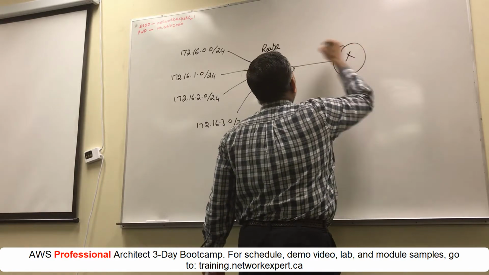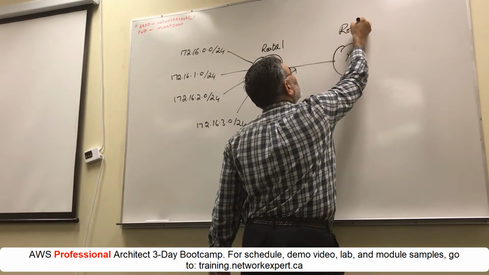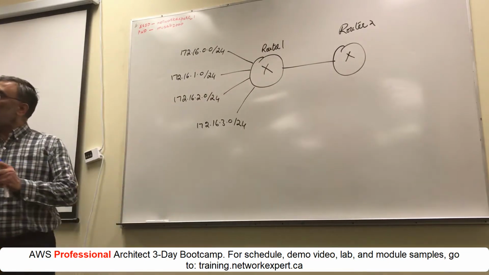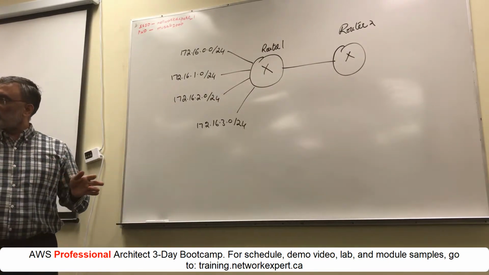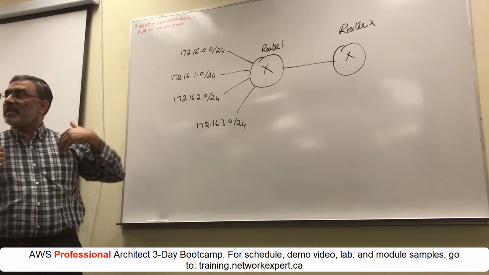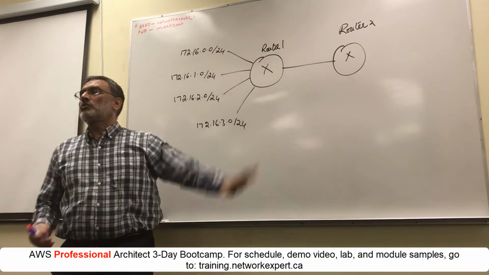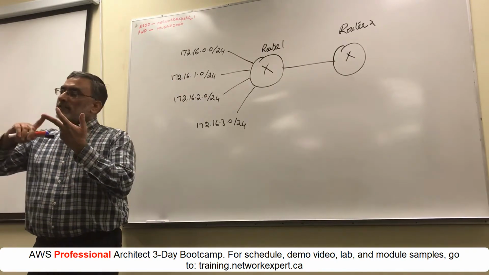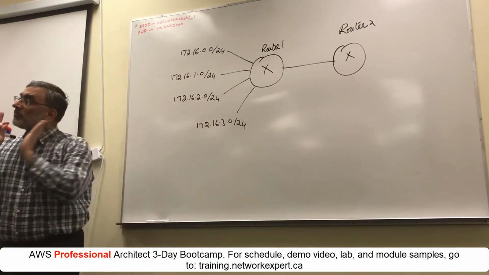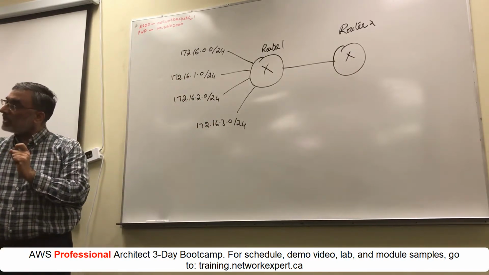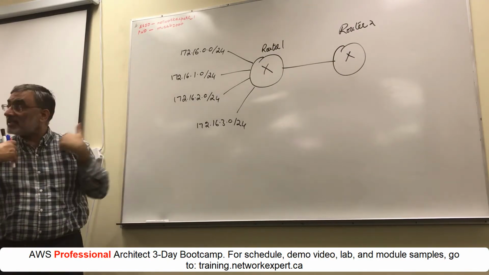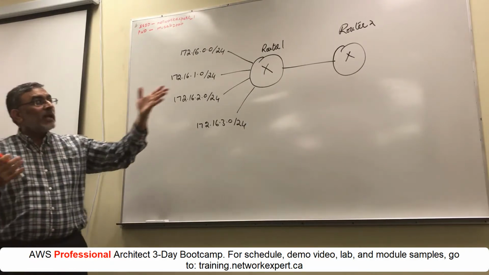Okay, if I'm router 1 and there is a router 2 I'm talking to, and I want to tell router 2 that I know how to reach these networks, I will send information about these networks to router 2. I will tell him that 172.16.0, 1, 2, 3, all of these networks, if you receive a packet for them, send it to me, because I know how to reach them, they are directly connected to me.